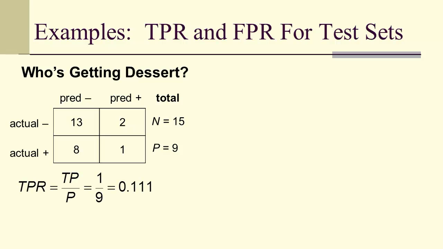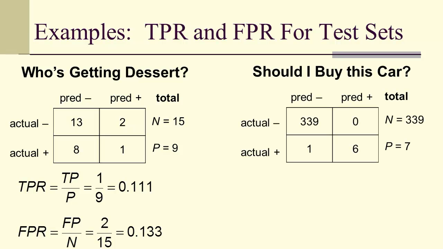So for who's getting dessert, we have a true positive rate of 0.111 and a false positive rate of 0.133, and the first should be close to 1 and it's not, and the second should be close to 0 and it's really not.